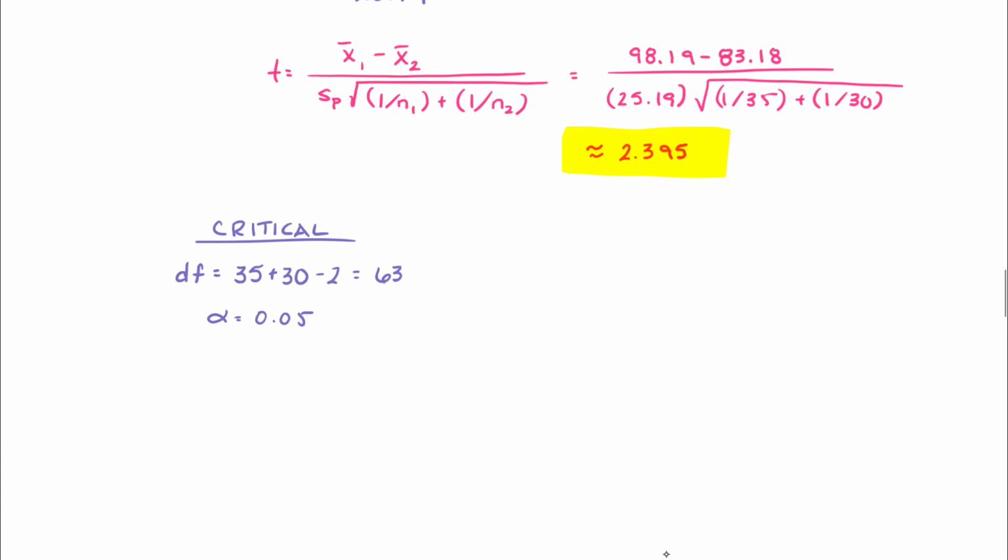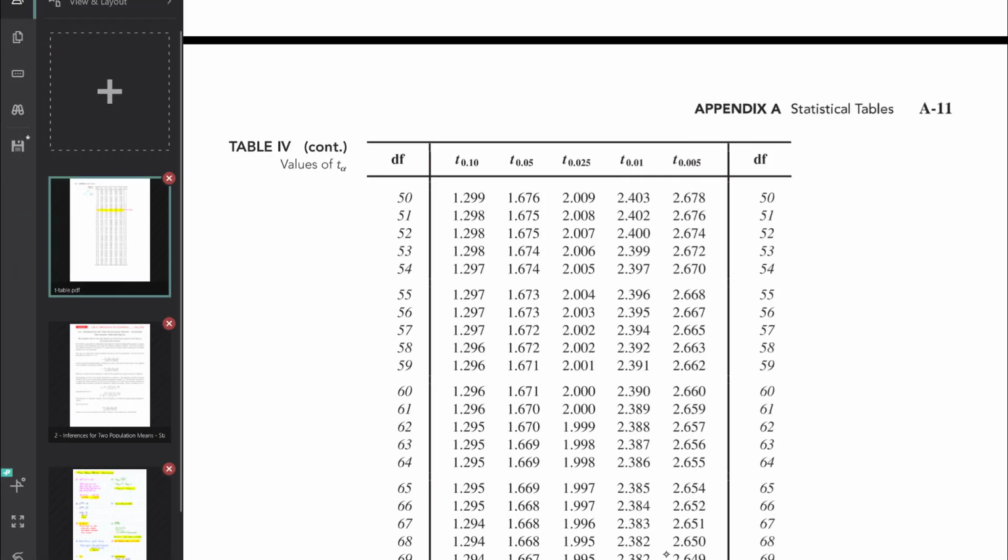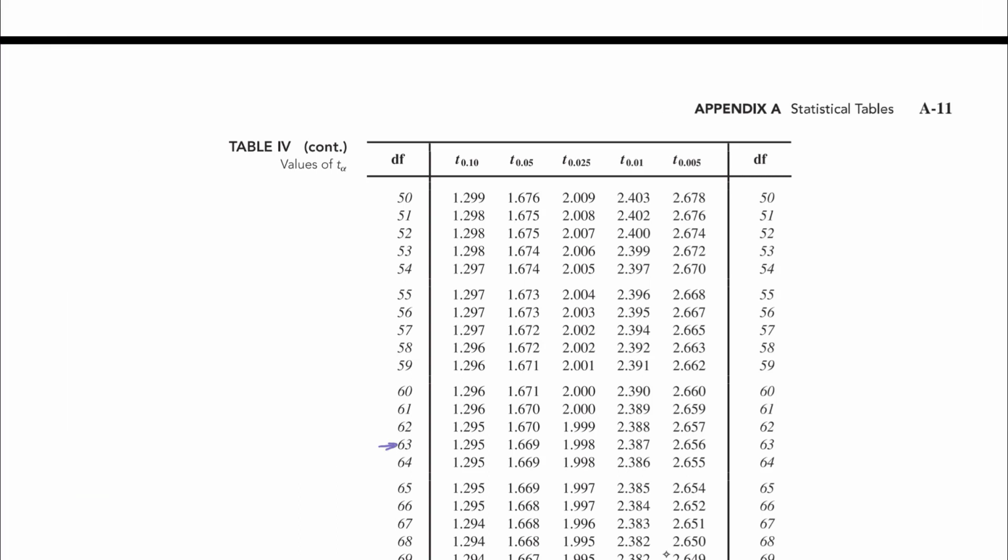And since it's two-tailed, we want to find plus or minus t sub alpha over 2, where alpha is 0.05. So that's going to be plus or minus t sub 0.025. So when we refer back to the t table, degrees of freedom 63, so that's this row right here. T sub 0.025, we get 1.998.